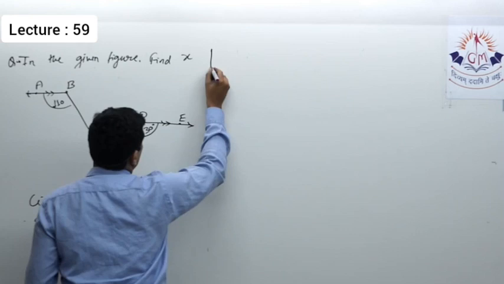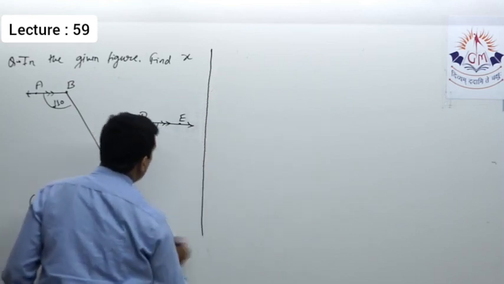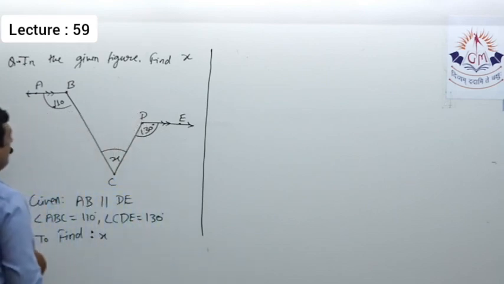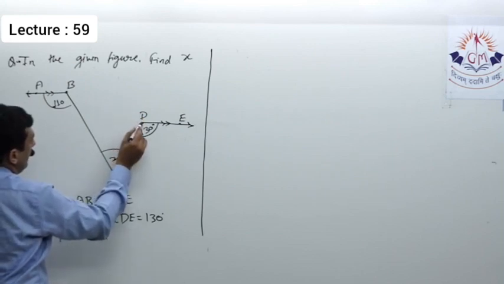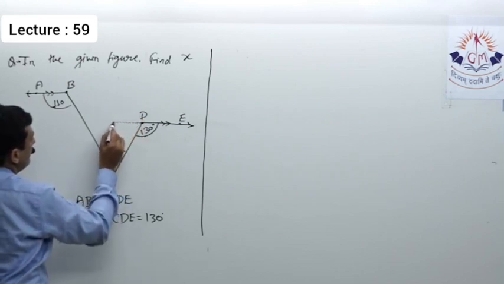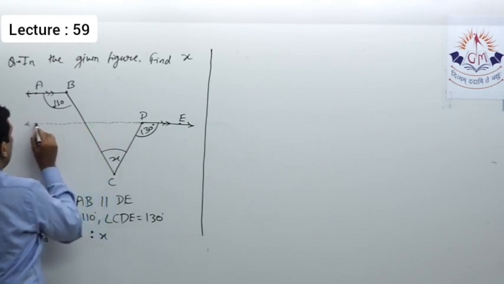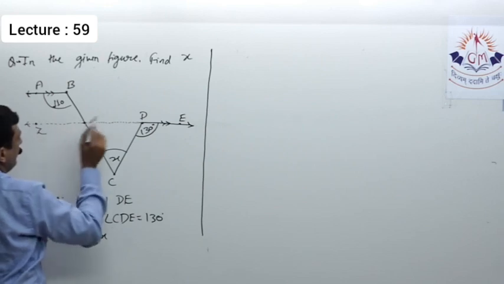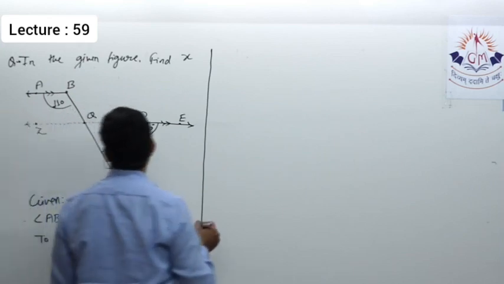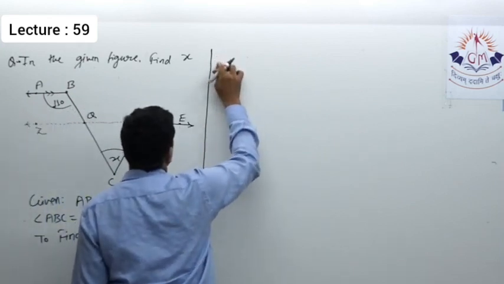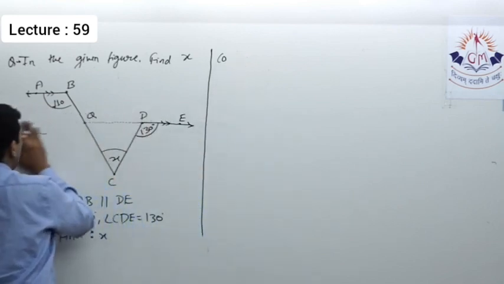Now here again a small construction is required to get the measure of the required angle. Extend ED to a point Z such that it meets BC at Q. This is one way, or there is a better way.